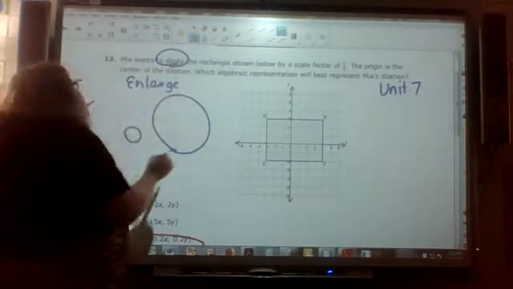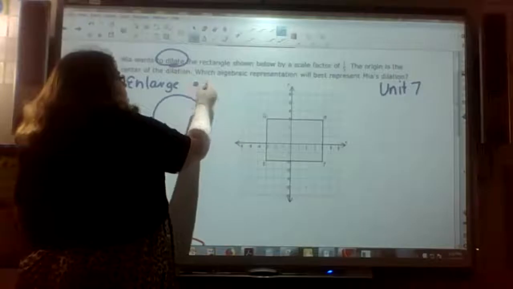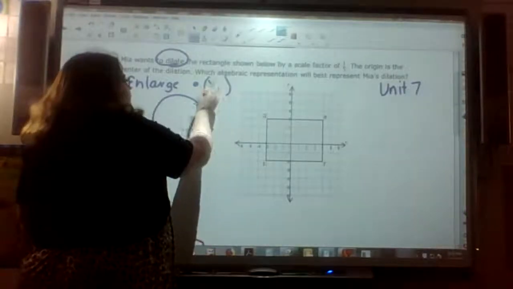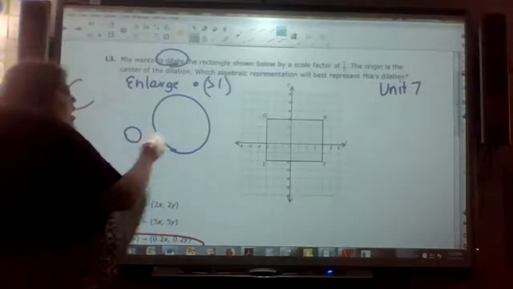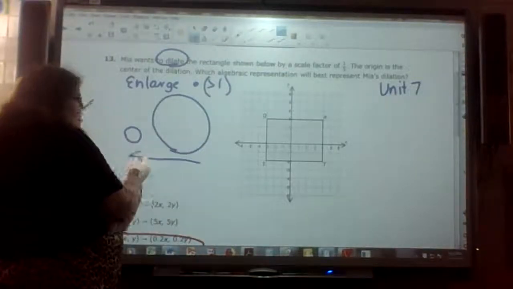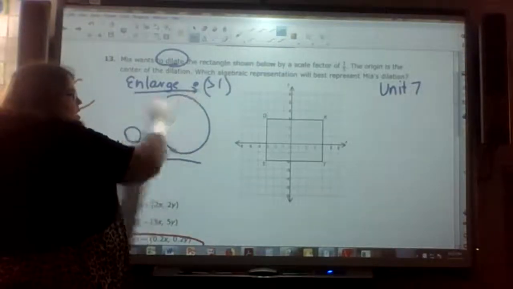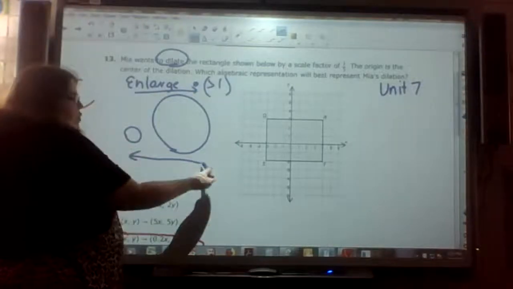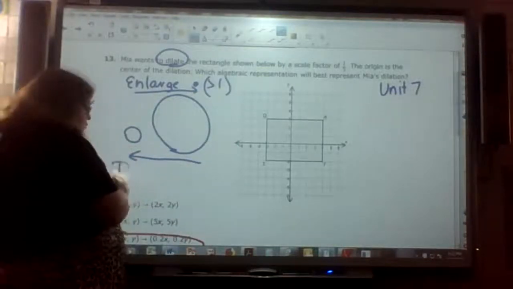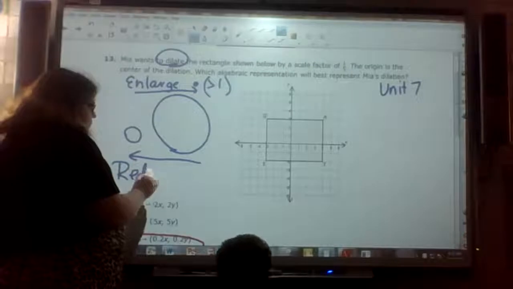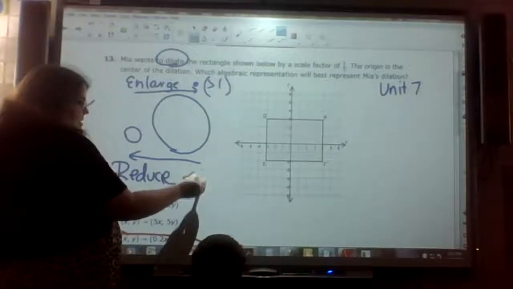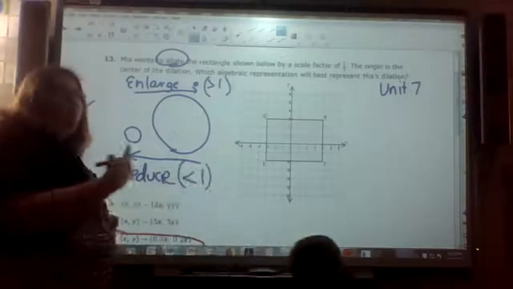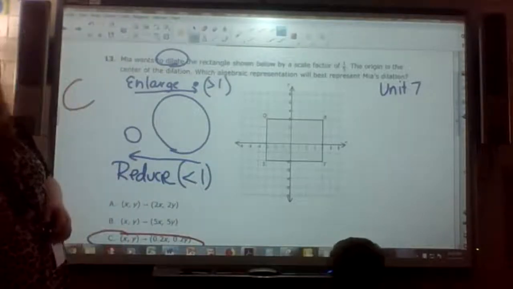That means you are actually multiplying by a number greater than 1. If you are going small, you are reducing, which means you are going less than 1. It's a number less than 1, like fractions and decimals.